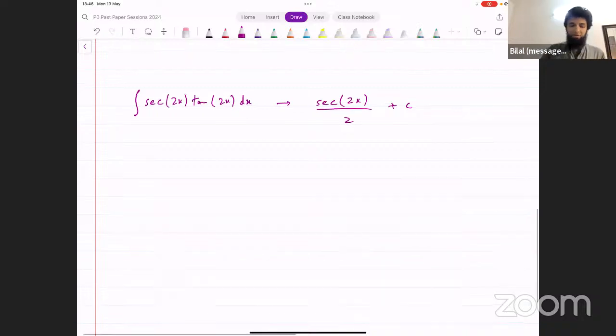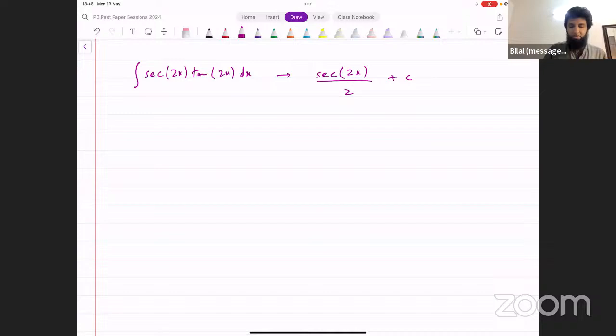The expressions inside will need to be the same here. So they can't ask you to integrate something like secant of 3x into tan of 2x. Well, they won't ask you to do this. If they do, then you are in trouble. You'll have to use integration by parts and see if that works, but I don't think it's quite going to give you anything useful.